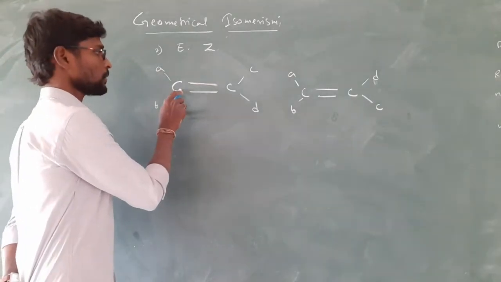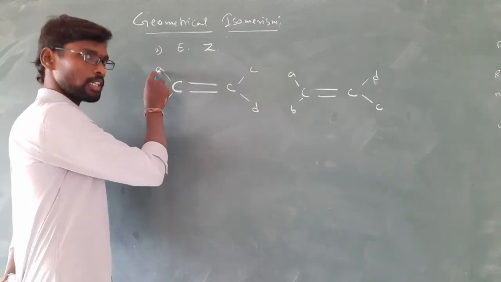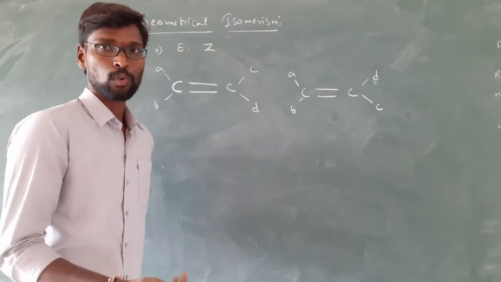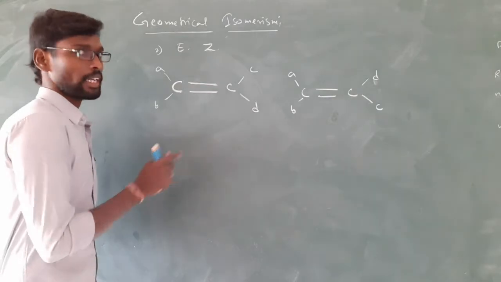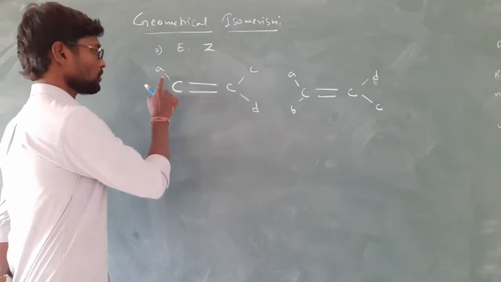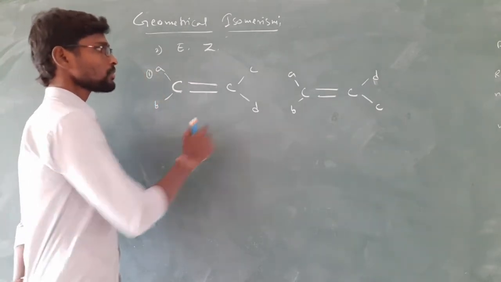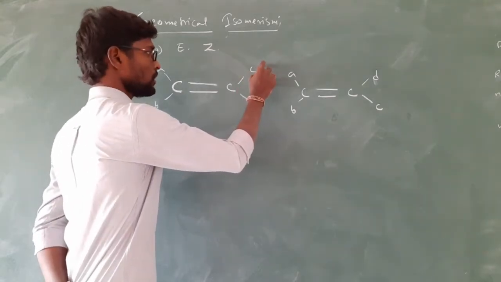So in this carbon, if the directly attached atom has a higher atomic number or a higher atomic mass, give that group priority. So in alphabetical order I am choosing here. If A and B are different, then A will get priority, and if C and D are different groups, C will get priority.